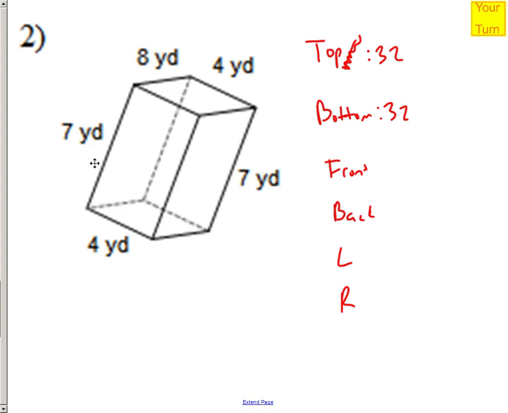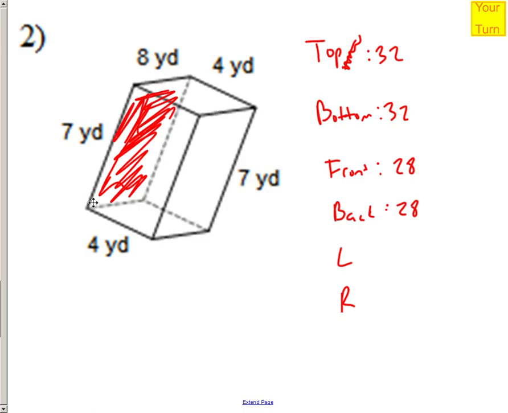Here's our front, 4 by 7. See the 4 by 7 there? So that's 28. The back will be exactly the same. And now we just need to do our left and right. Here's our left one hiding right back here. And that's 7 by 8.